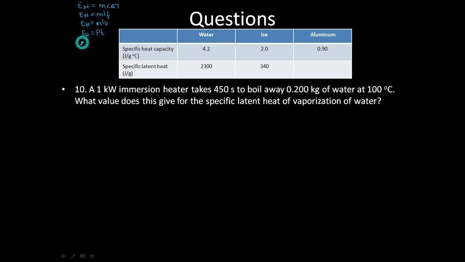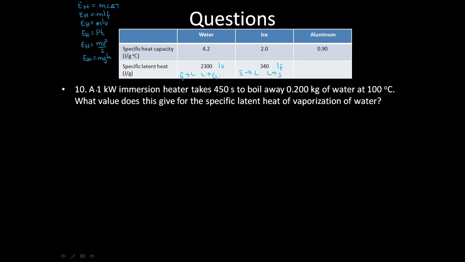EH equals MV squared over 2. EH equals MGH. Great. Remember, this is gas to liquid and liquid to gas, and this represents LV. And this is LF right here, solid to liquid and liquid to solid.